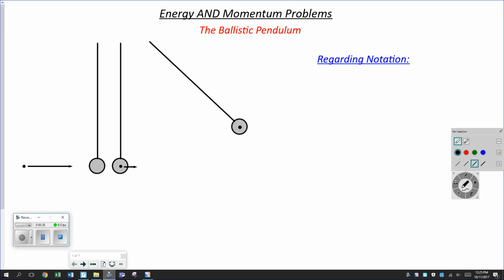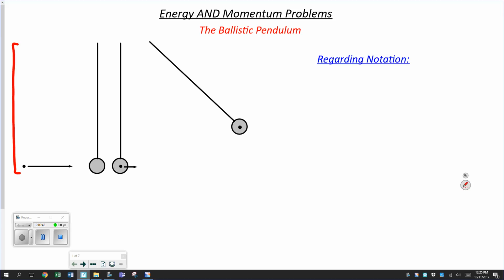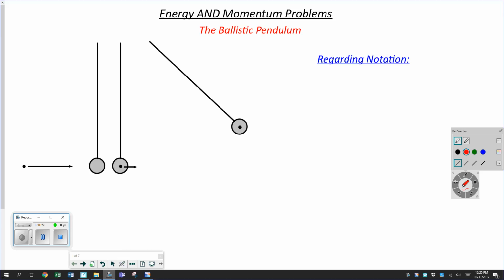Remember, one of the first steps in a problem like this, in my opinion, especially if you're not given a nice diagram like this, is to identify what are the instants of interest. So for us, there's instant one, which is just prior to interaction.